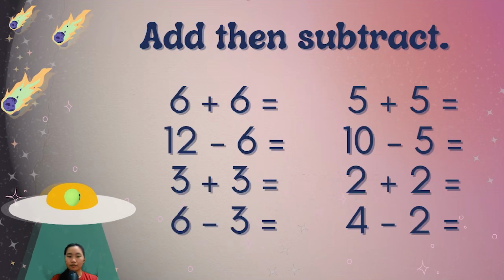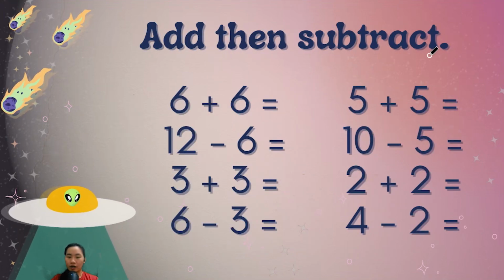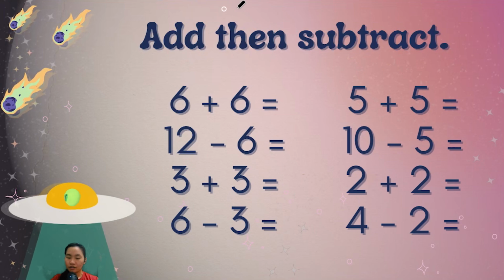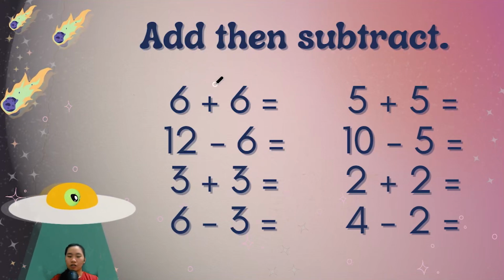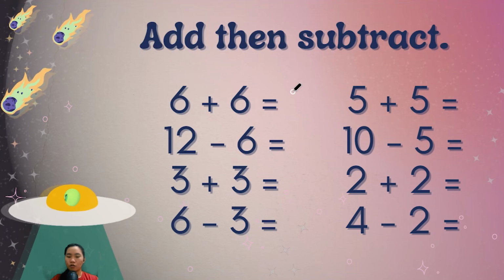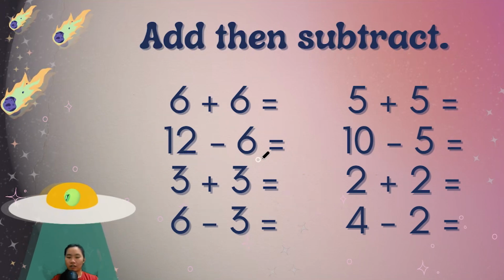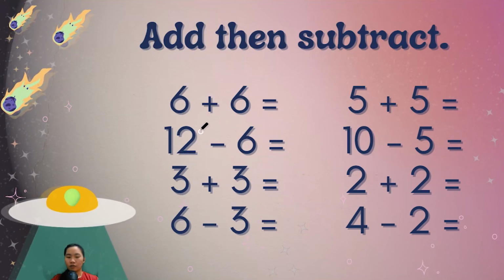I want you to keep this in mind because this is a very important relationship that you're witnessing here. Now, let's do a little bit of practice. We will add and then we will subtract so we can get more familiarity with the relationships of these numbers. 6 plus 6 equals, well, if you've noticed the equation down here, 12 is the sum of 6 and 6.